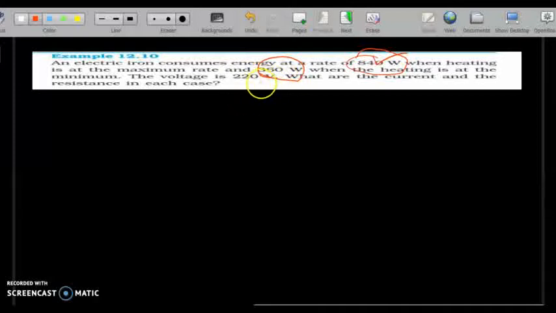The iron is operated at a voltage of 220 volt. What are the current and the resistance in each case?